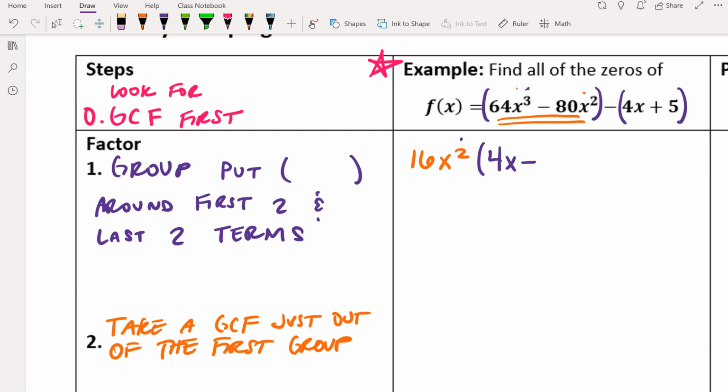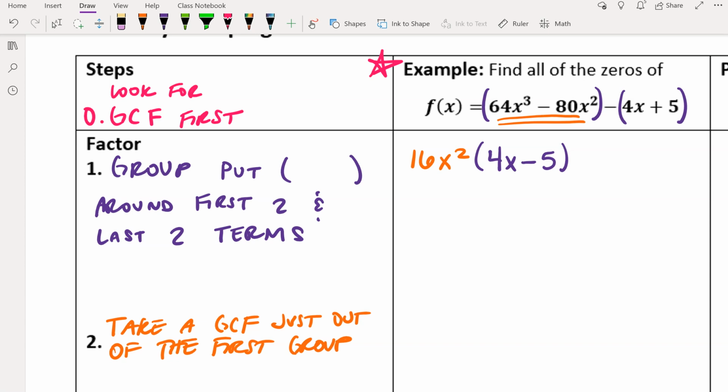Whenever the exponent's 1, we don't need that. So now, what do we have left on the next term? 80 divided by 16 is 5. And we started with 2 x's, but we took 2 x's out, so we have no x's left.